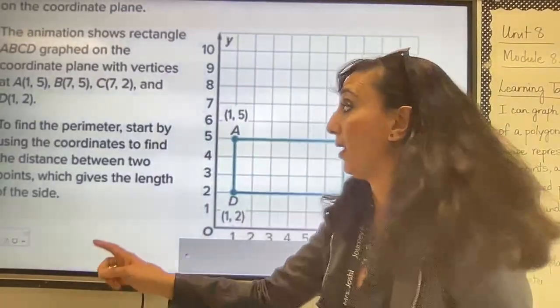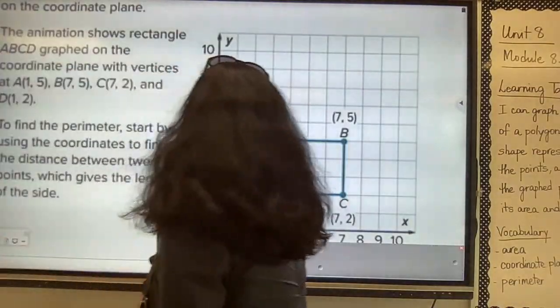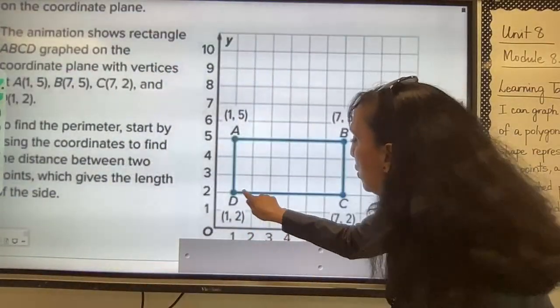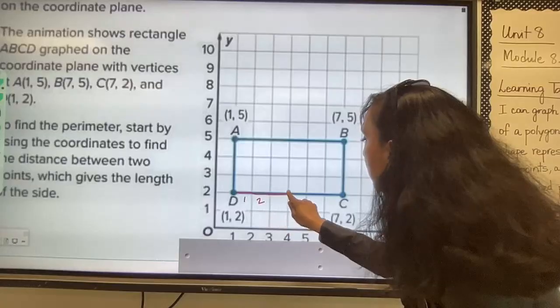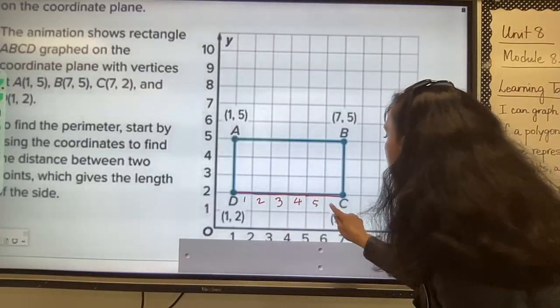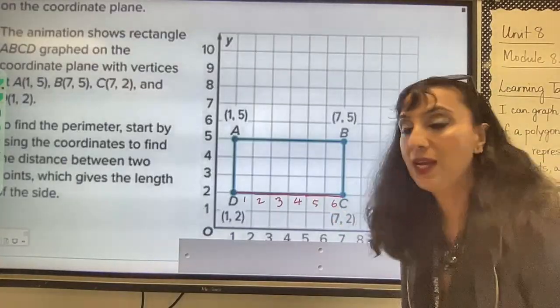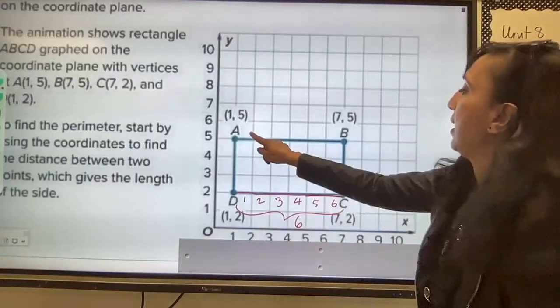So this is what I mean by that. Okay, so we can do this. Each is 1 unit. This is 1 unit, this is another unit, this is another unit. 4, 5, 6. Okay, so this whole thing is how much? This is 6. If this is 6, that's a rectangle.